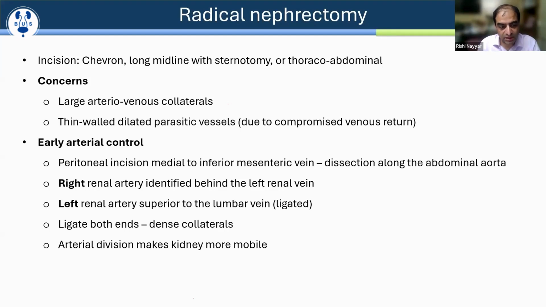So sometimes in left renal tumors with IVC thrombus, we may resort to doing a preoperative arterial embolization, so that at least venous bleeding would be taken care of till the time we are able to reach the artery.